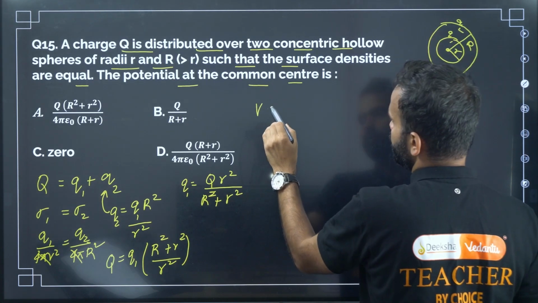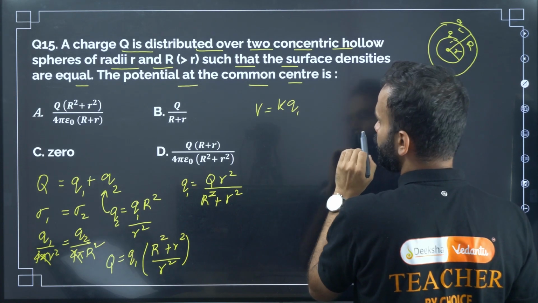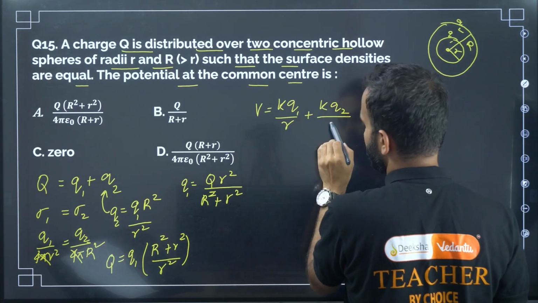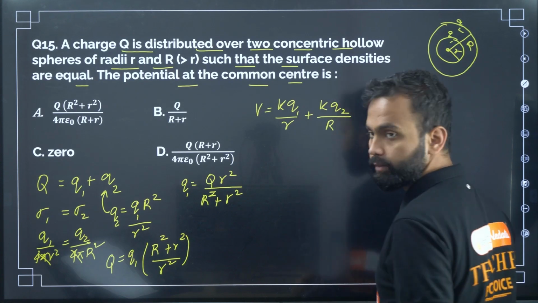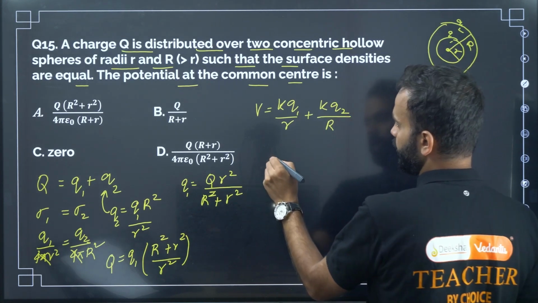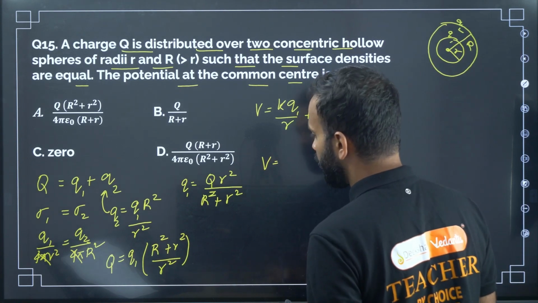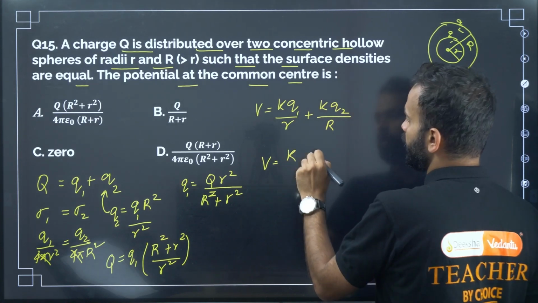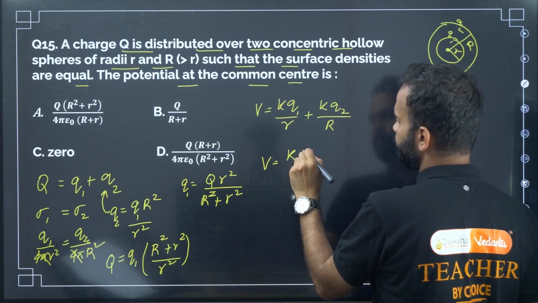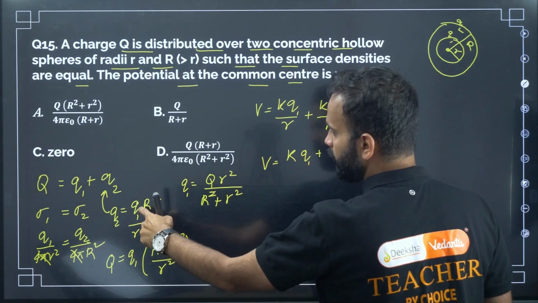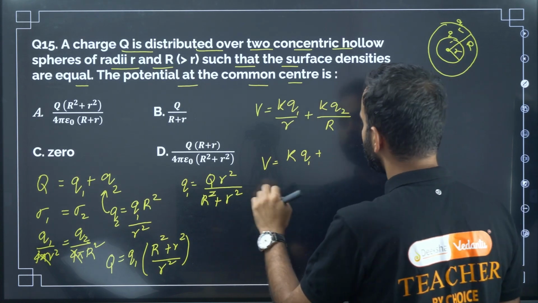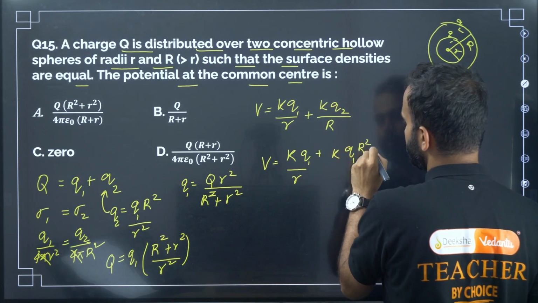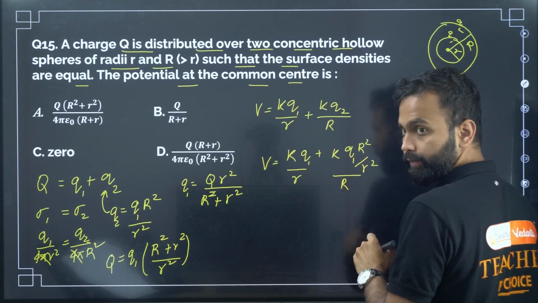Potential at the common center V equal to K Q1 divided by small r plus K Q2 divided by capital R. So now V is equal to K into Q1 by small r plus K into Q1 r square by R square, whole divided by capital R, right?